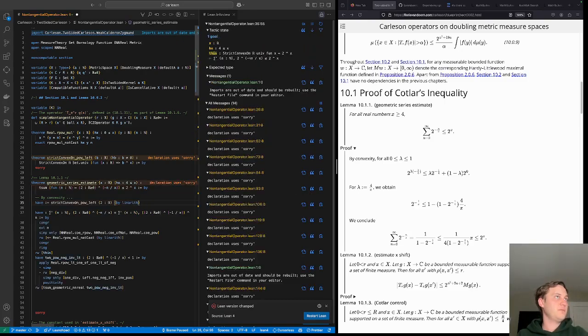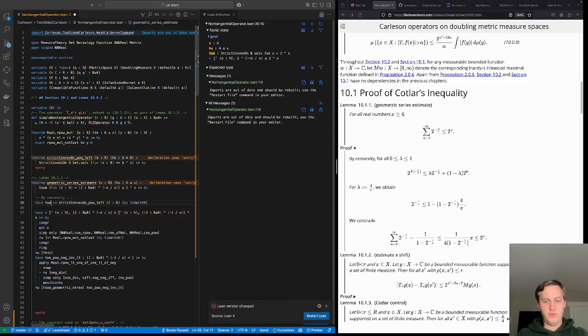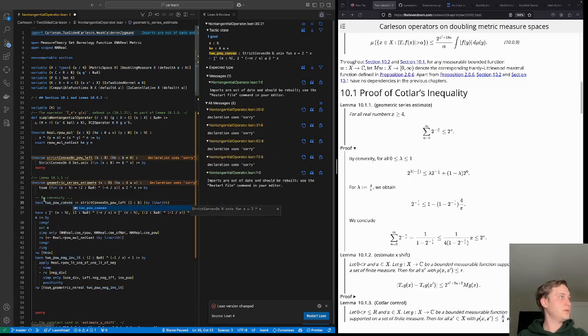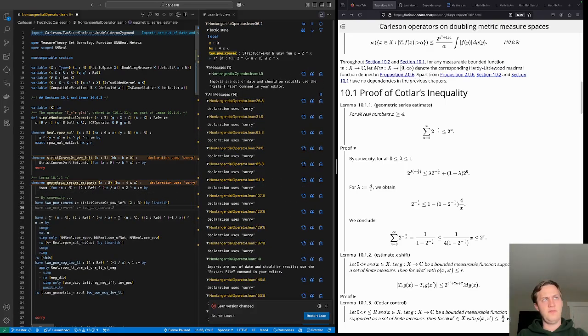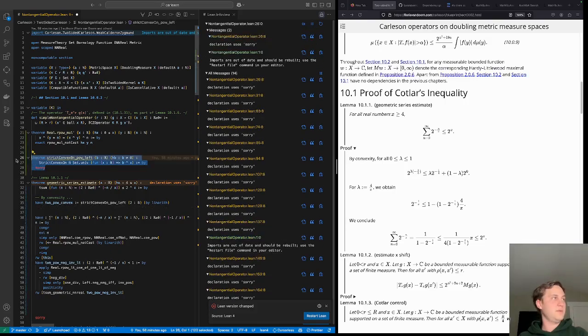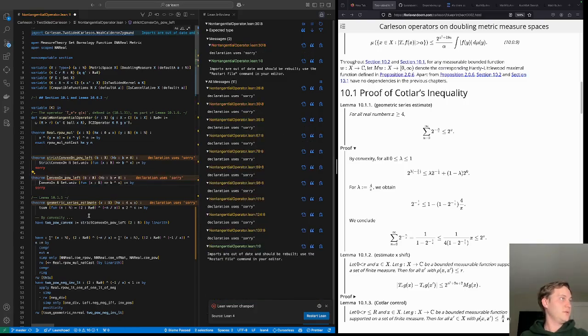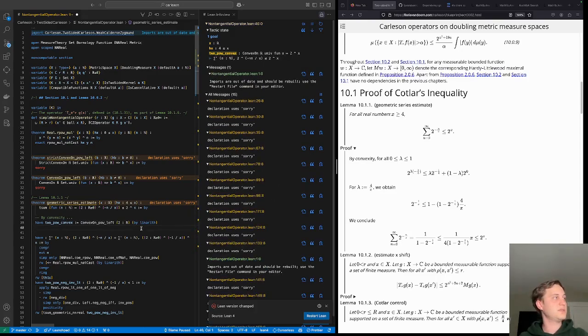So we have 2 pow is convex for all 0 less than lambda less than or equal to 1. We should just have both of them. Let's not screw around with that. Let's just have the convex. That's simpler.